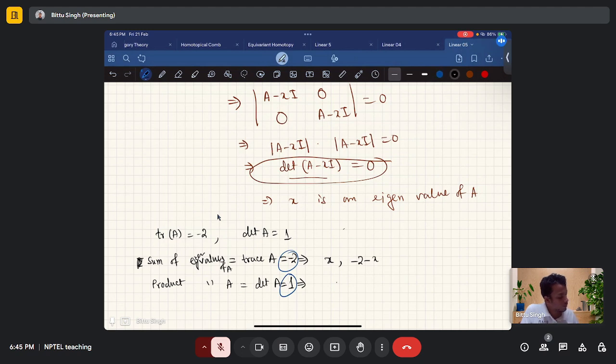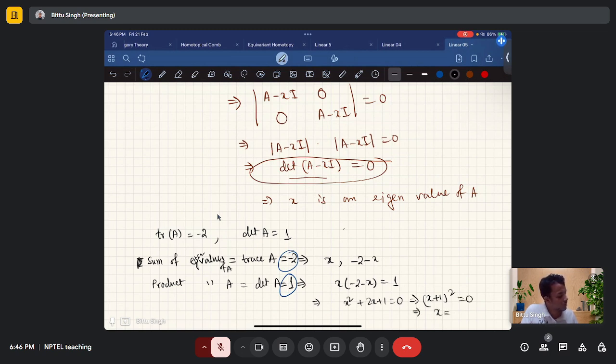Now from those two things, we get x times (-2 minus x) is the same as 1. This is the same as x square plus 2x plus 1 equal to 0, that is, x plus 1 whole square equal to 0.